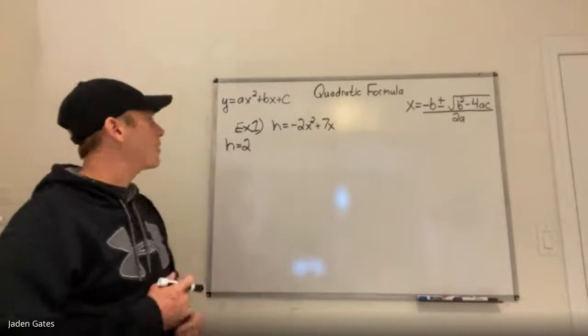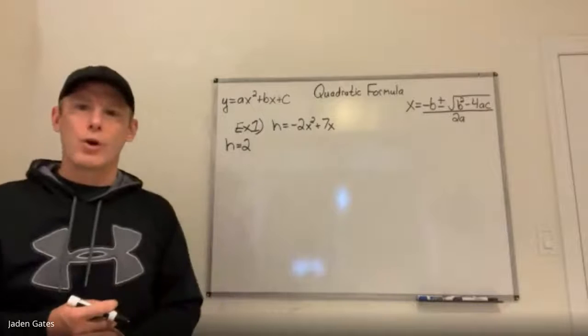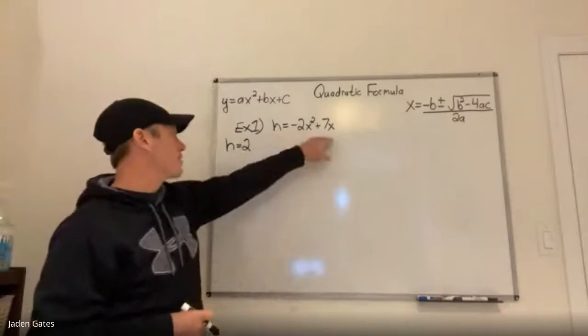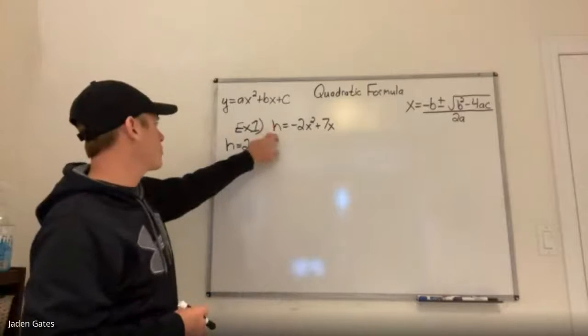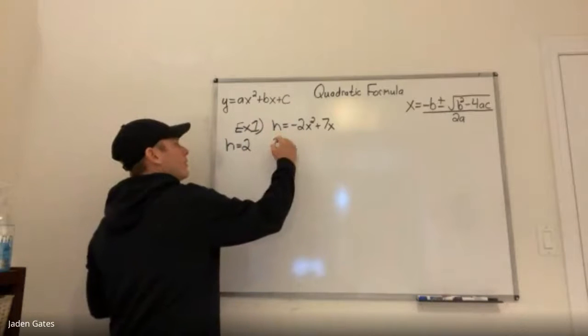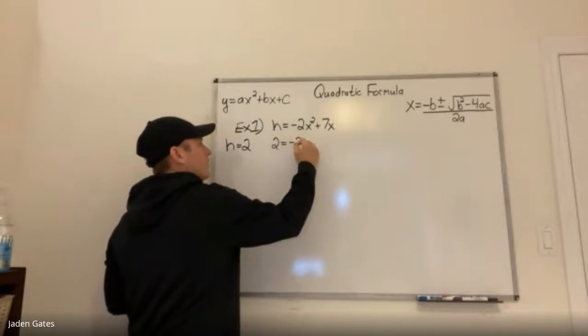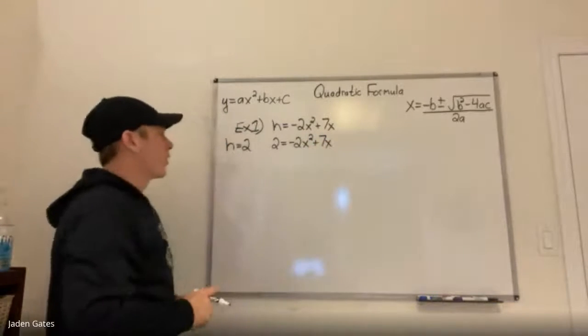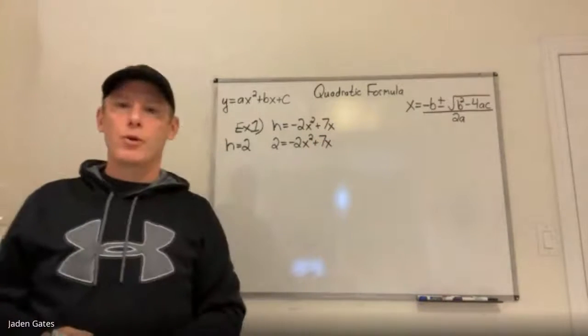In math, anytime you're trying to solve an equation, you have to know everything but one thing. We have h's and x's here, so I'm going to substitute 2 in for h. And there we go.